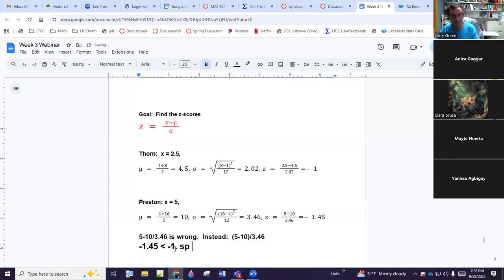So Preston's water usage was more unusually small.